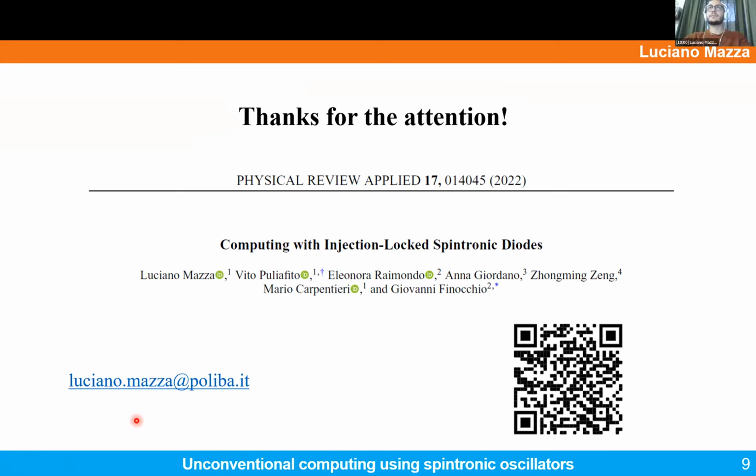Yes, mainly the main answer is that GPUs are optimized to do the convolution, but still it is a very complex task. If we are able to find a device that is able to just do this particular task and to do it extremely fast, with a very high efficiency, we would cut all the energetic problems that we have at the moment, and we would remove the bottleneck that is due to this operation.